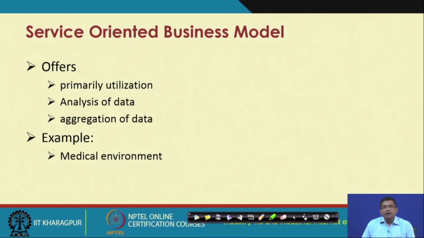These data are aggregated at different levels in the system, and these data are also analyzed, and that analyzed data is again offered to these different stakeholders that I just mentioned, and they can get the different pictures from the analysis of the data that are collected from the patients that are in the ambulances.